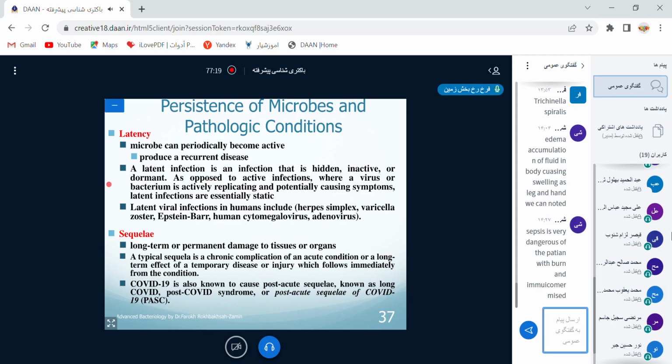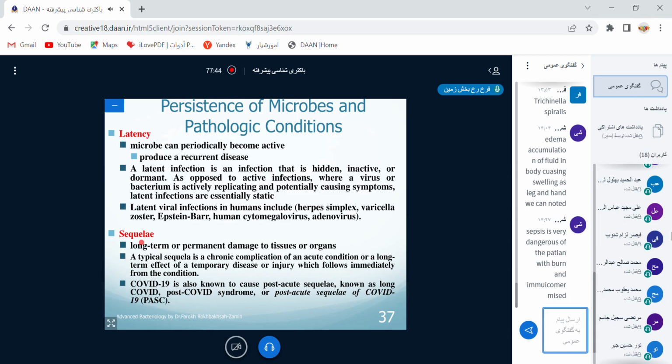And the last thing we tell you, and we finish this lecture, is sequelae. Long-term or permanent damage to tissue or organs. If a microbe is present for a long time in our body, we call it chronic infection.